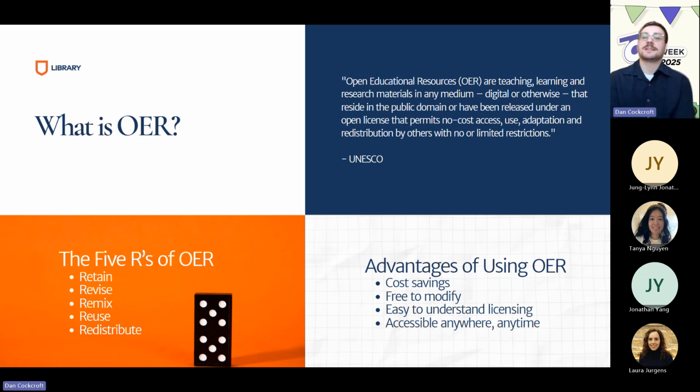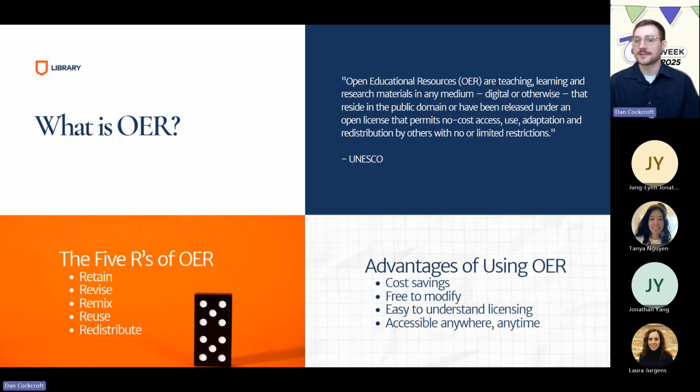There are many advantages to using OER. I'm going to cover them just briefly now, but the big ones are cost savings. This means cost savings for institutions who pay for resources, such as AU, and big cost savings for students.